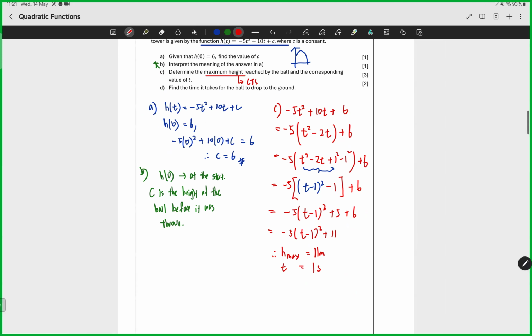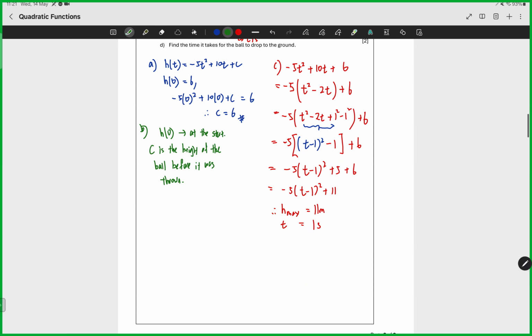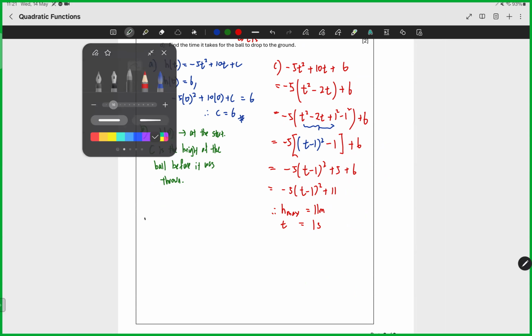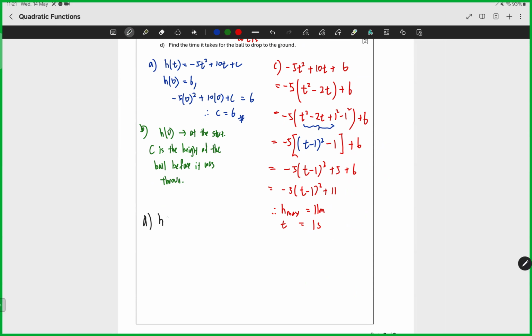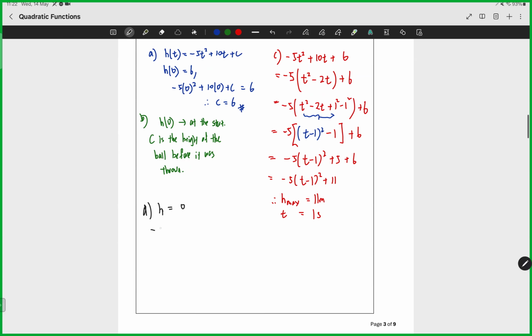Now find the time it takes for the ball to drop to the ground. Okay, so part D. When h is equal to 0, that means -5(t - 1)² + 11 = 0.